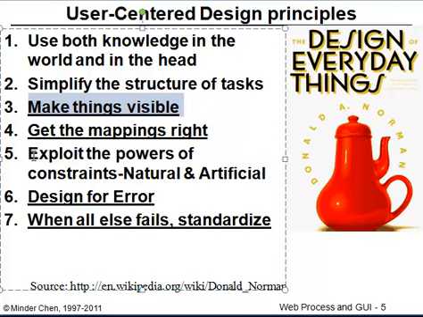And also, sometimes you want to explore the power of constraint, which means that you may want to prevent users from doing certain things, or once they have done something, you want to limit them in terms of what else they can do. And those constraints can be natural, or can be created artificially. And you also want to design for error, in this case for preventing the possible error that the user may make.